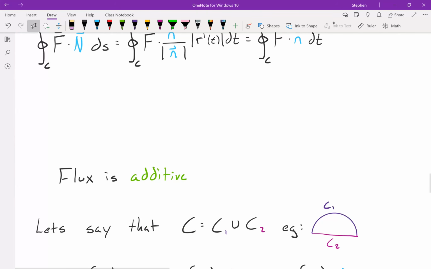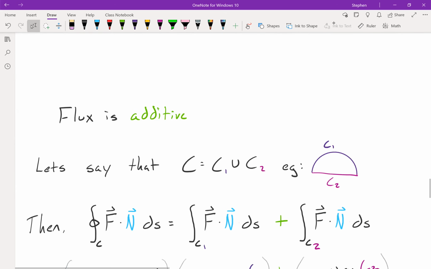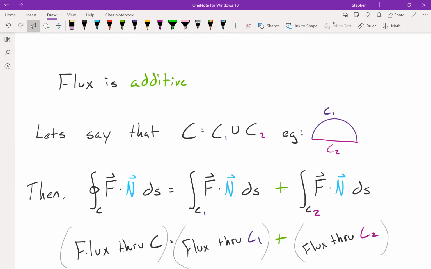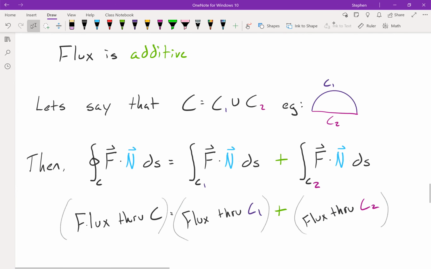All right, one other thing we should say about flux is that flux is additive, which means if I define some closed region, so I've got some closed loop C, which, by the way, when we've got the circle in the middle of that integral symbol, that circle is a thing that physicists and engineers usually care about more than mathematicians.